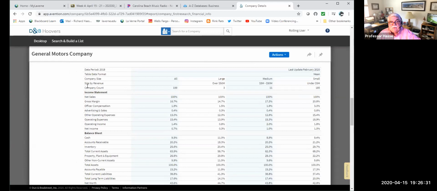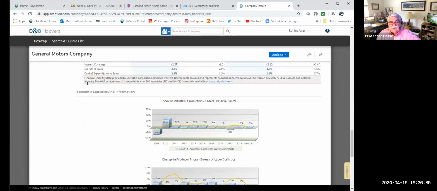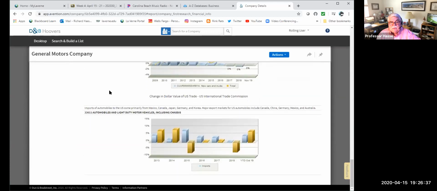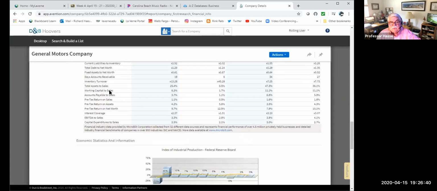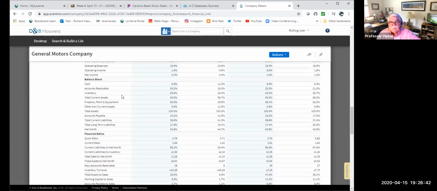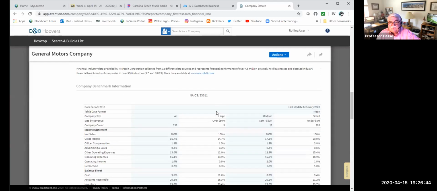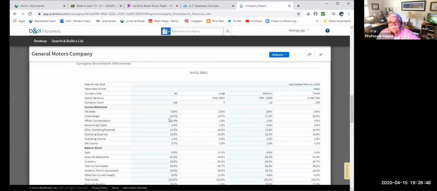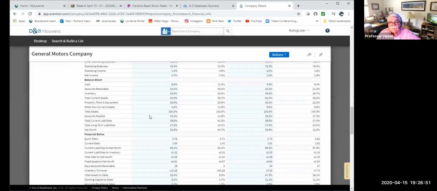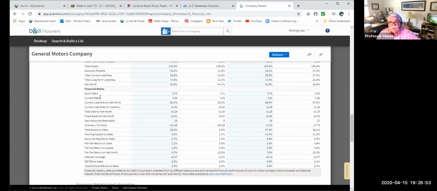It gives you industry averages for financial statements, but also little parameters about the industry. They break the industry down into large, medium, and small, but here's the all. This is all the industry averages for sales, for balance sheet items. And here we go, financial ratios. Current ratio, there's the industry average. Days sales outstanding, there it is right there.